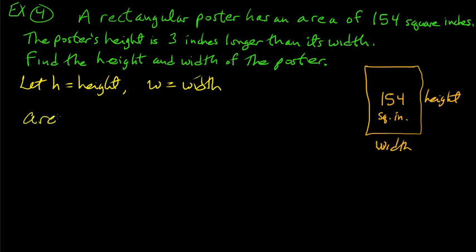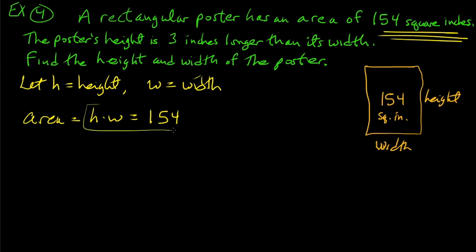So remember, area is just length times width, or in this case, the height times the width. So that has to be 154 square inches. That's in the problem. And again, this equation is not enough to solve the problem. There's a lot of different ways you can multiply two numbers and get 154.